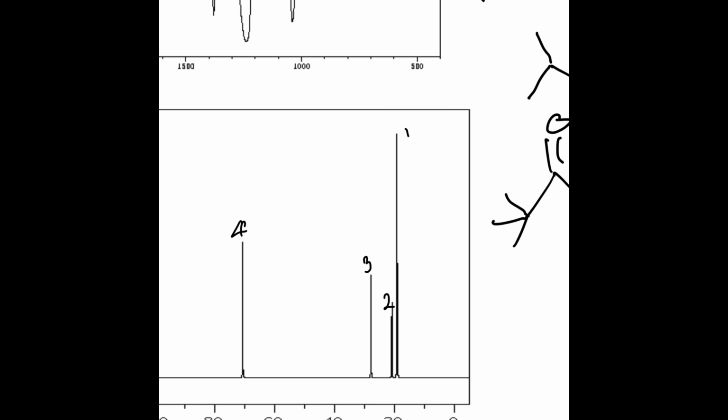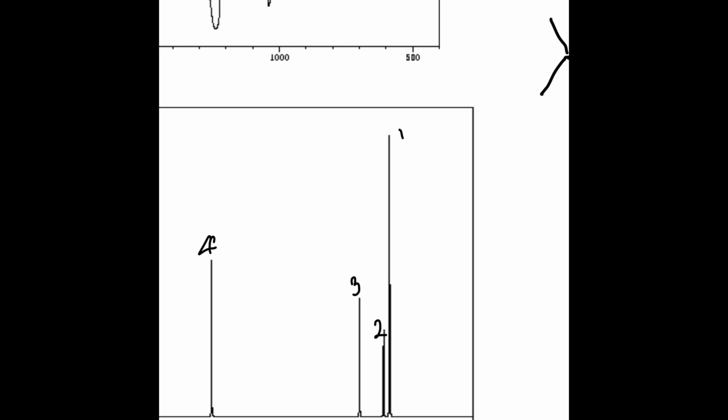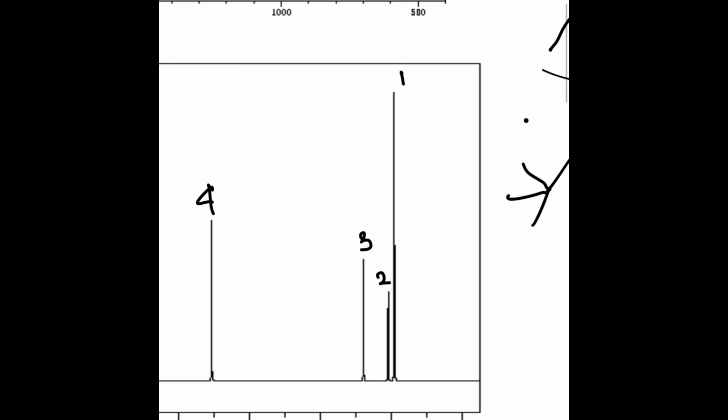In these ranges can exist a CH3 group, CH2 group, and a quaternary carbon group as well. We can assume that these 3 groups here are all alkyl groups. I'm just going to start looking here at this peak that we have labeled as 1.